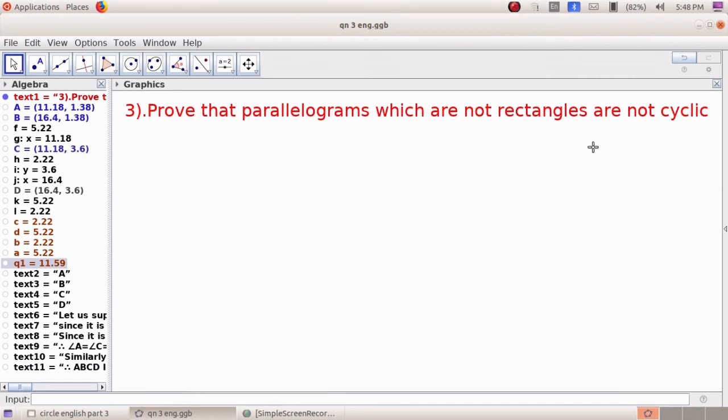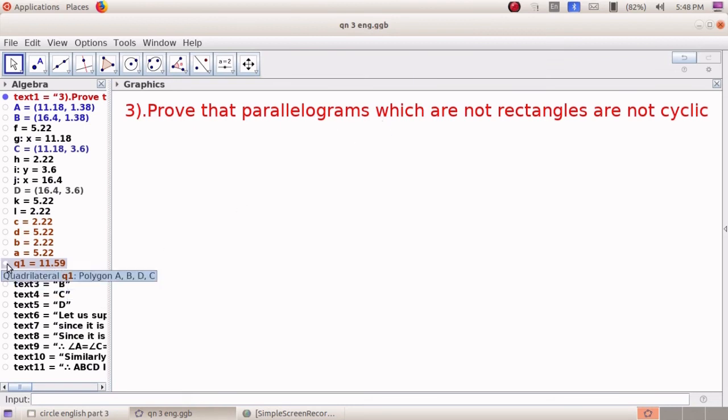In other words, if a parallelogram happens to be cyclic, it is possible only for a rectangle. For this, we will suppose a parallelogram is cyclic. At last, we will come to agree it is a rectangle. That is the way to prove this.